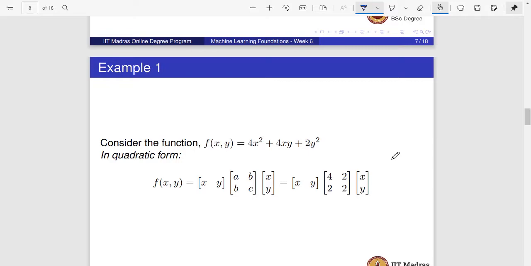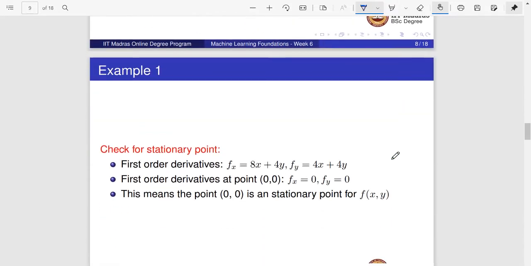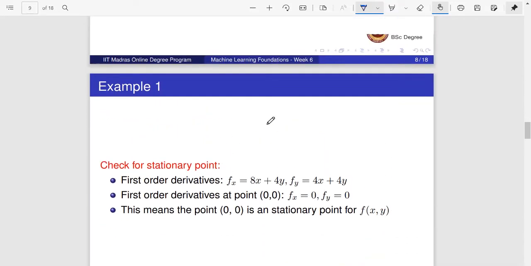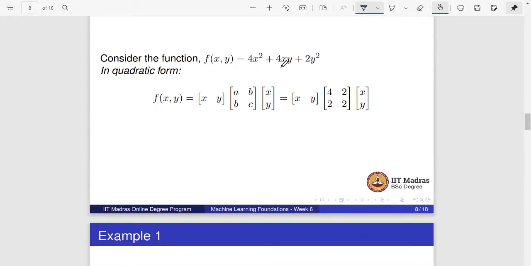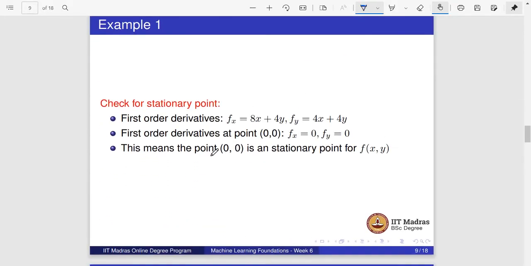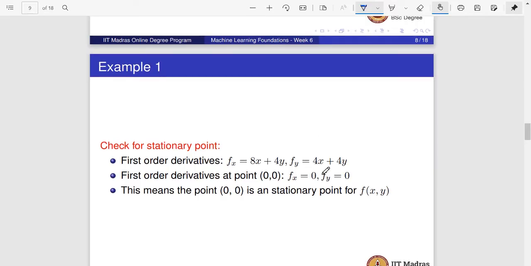Okay, and if we check for a stationary point, the partial derivatives for the function f(x,y) will be f subscript x, which is 8x plus 4y, and f subscript y will be 4x plus 4y.